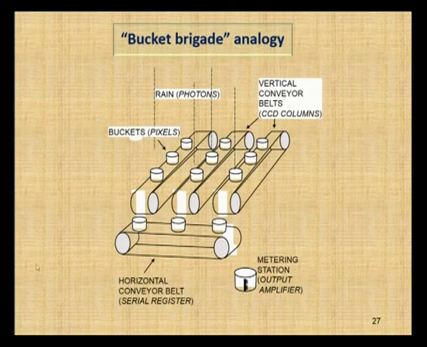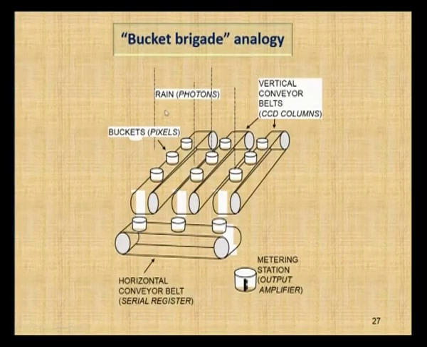This picture shows a bucket brigade analogy. The bucket here we consider as a capacitor, and the photons as rainwater falling on these buckets, the capacitors. These buckets are placed on a vertical conveyor, and there is a horizontal conveyor, and this is a metering station, that is the output amplifier.